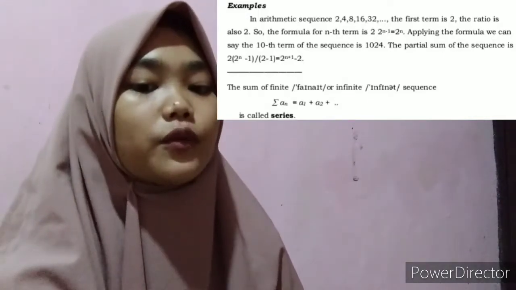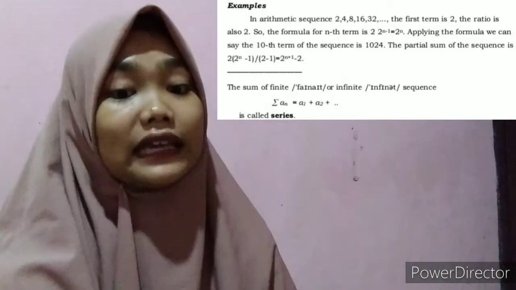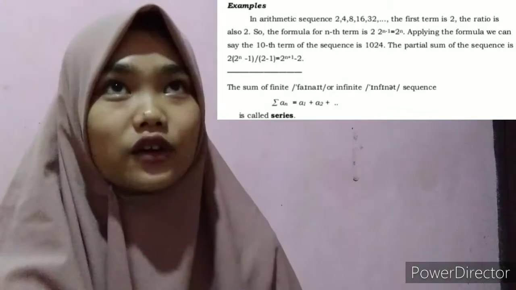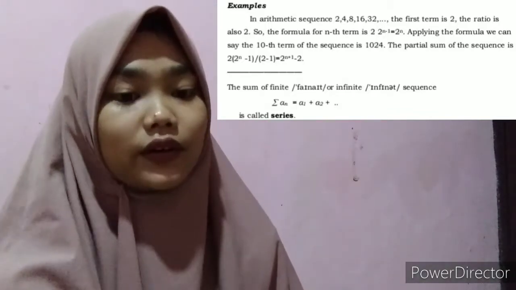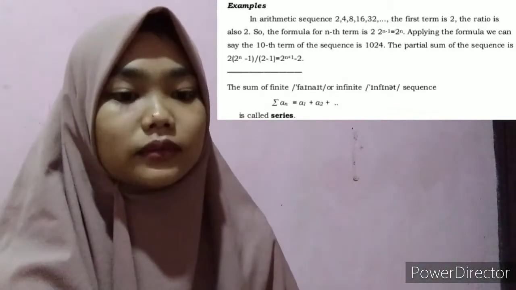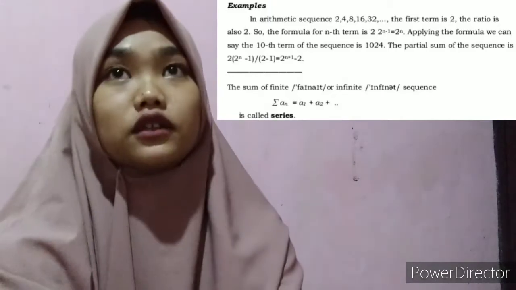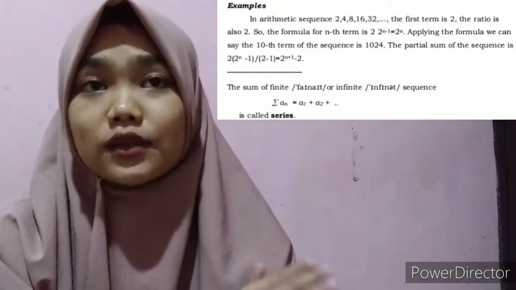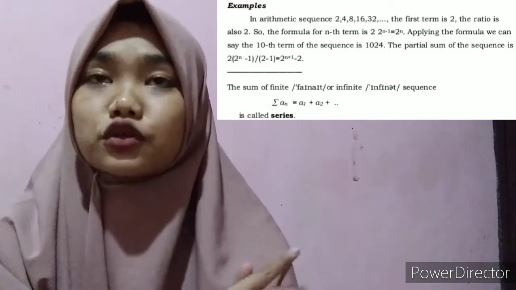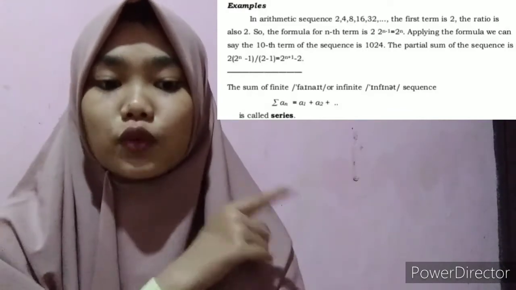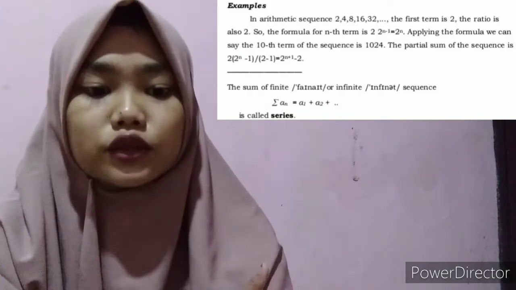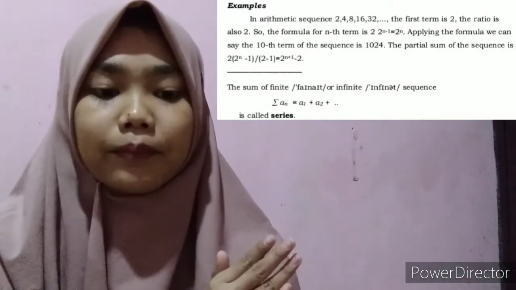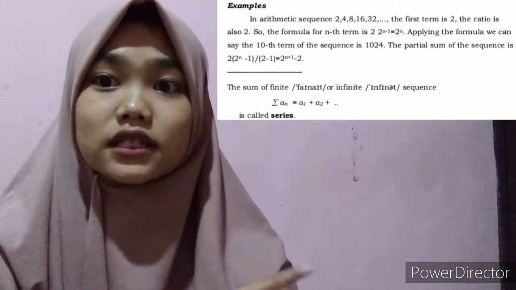Applying the formula, we can say the 10th term of the sequence is 2024. The partial sum of the sequence is 2 times (2 to the power of n) divided by (2 minus 1), which is equal to 2 to the power of n plus 1 minus 2.